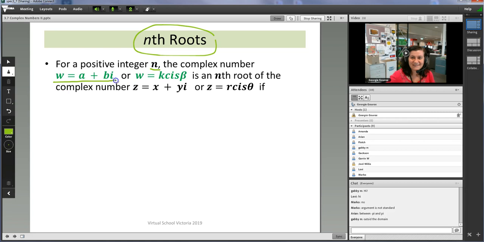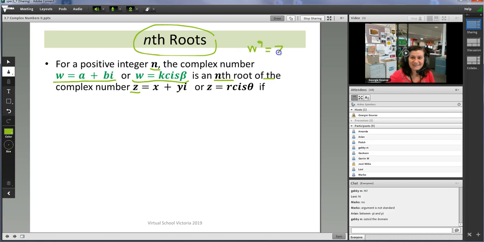That's expressing it in Cartesian form, or we can express the same number in polar form. w is equal to k cis of beta. And it's the nth root of a complex number, say the number z. So that means w to the power of n is equal to z.